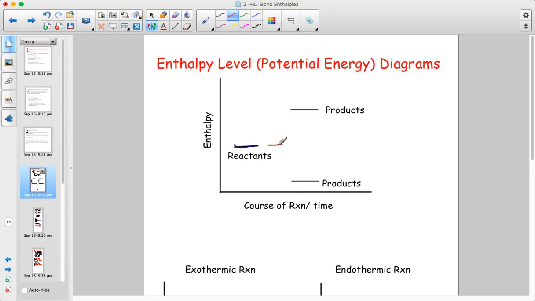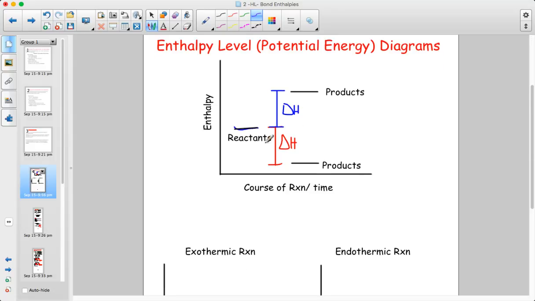So the difference between reactants and products, that is a delta H. So that would be for this pair of reactants and products. It's the difference from where you start and where you end. And then if we were instead looking at this combination, then that would be the delta H. Okay. So what I've done is actually really what I was going to do down below here.